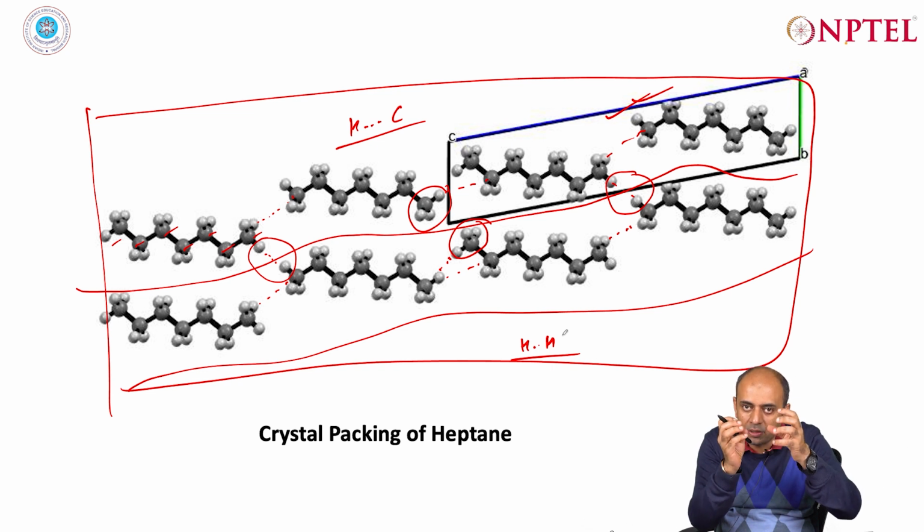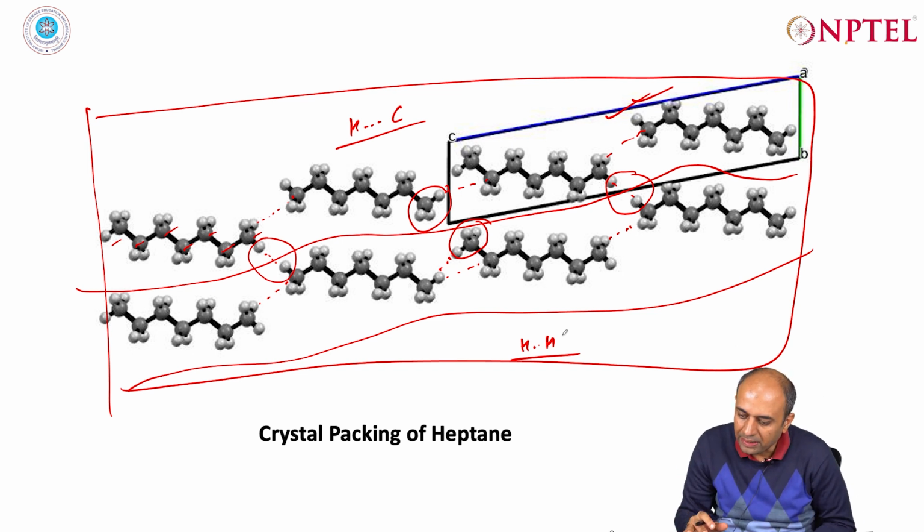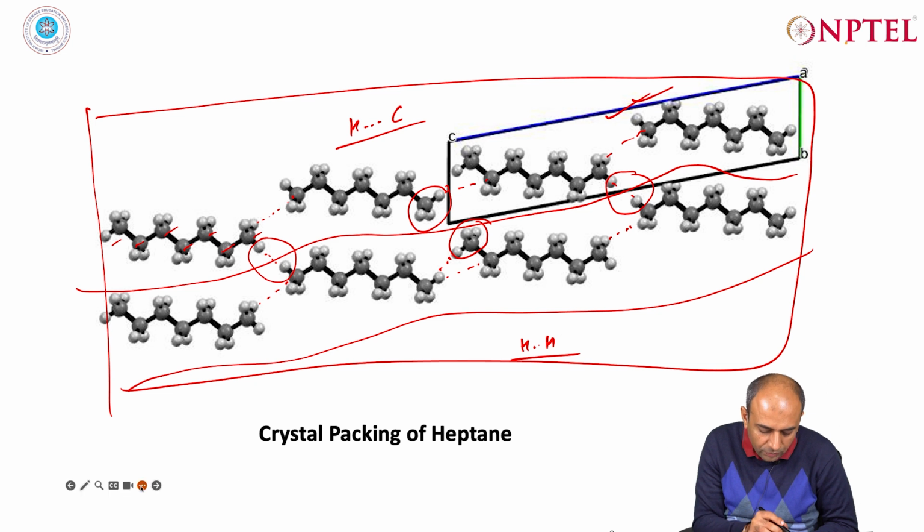Also, hydrogen atoms are the smallest in size, so the atoms are able to approach each other more closely, and that is what constitutes close packing. So the crystal packing of heptane is a very nice representation of the interplay of HC and HH contacts to give the resulting solid.